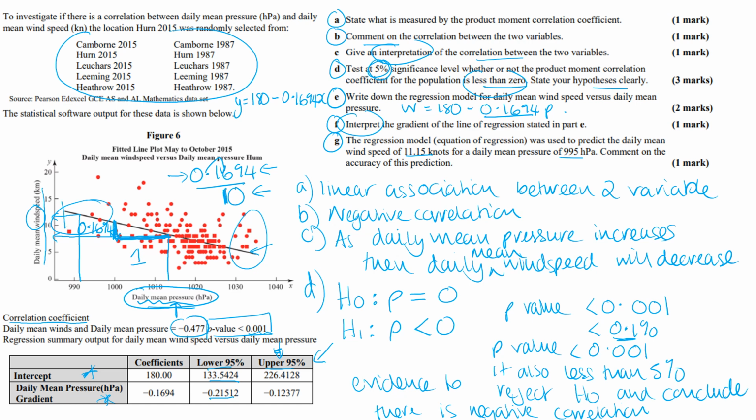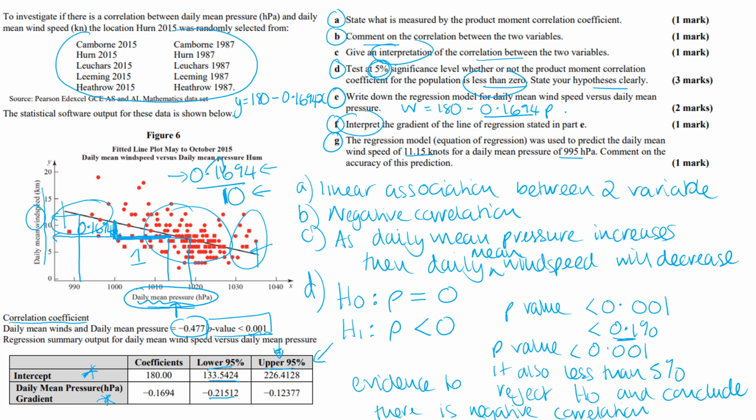We can see the line of best fit just fits the data, but there aren't many data items at this level. So most of our data items are here in the middle. That would be much more reliable to take a reading there. So commenting here, I mean, it is reliable because we're not extrapolating, but it's not going to be that accurate because we don't have many data readings at that end of the data.